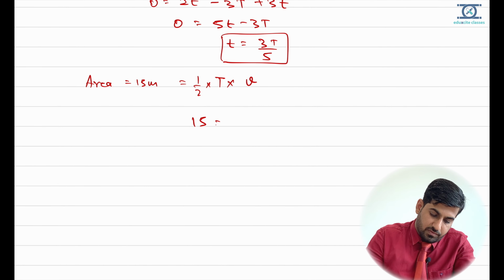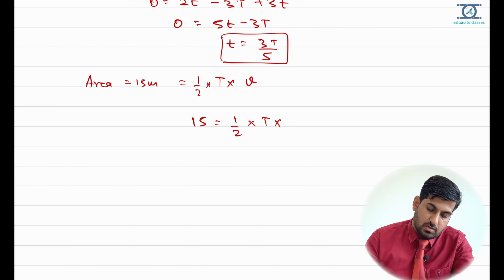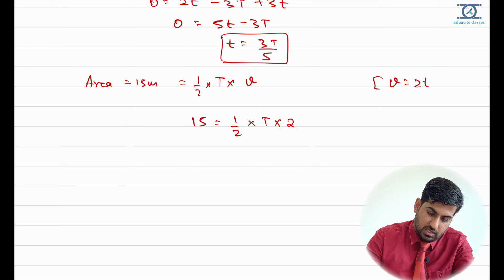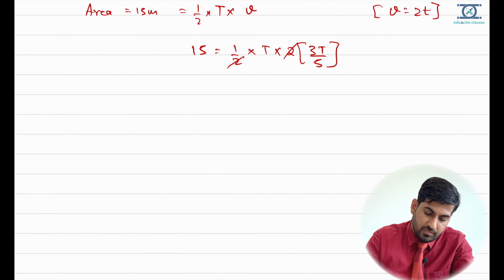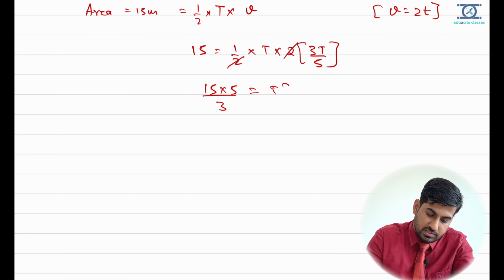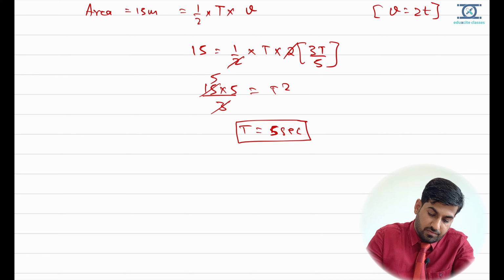So I can say 15 equals half times T times v, and v is 2 times small t, because we know that v is 2t from the above equation. So small t will be 3T by 5. Now if you solve this, the 2 and 2 get cancelled. This will be 15 into 5 divided by 3 as T square. So T square equals 5 into 5, and T equals 5 second. So the answer for this will be 5 second.